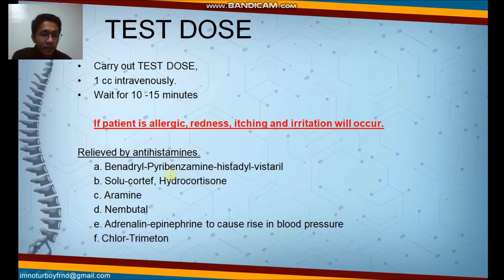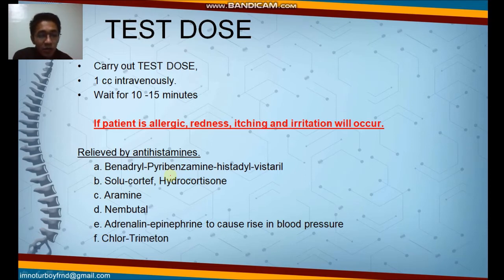Okay? Or sometimes, na po uban hospital that the radiologist will be the one to administer the test dose. But of course, before, even if it is the radiologist inside the radiology room who will be injecting the contrast material, they will always confer with the emergency department that they will be injecting contrast material to the patient at this hour, at this time, and then how much should be introduced to the patient.